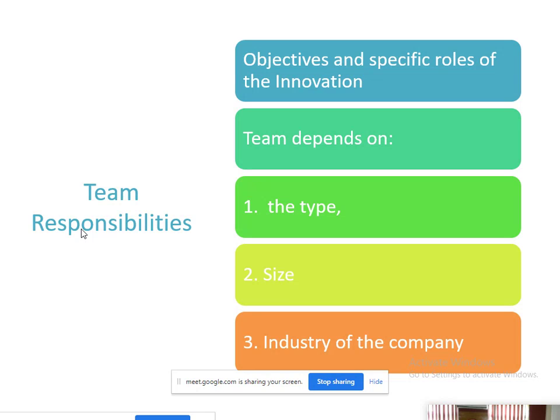That means it all depends on the company and the details of that company. If it is a technical team, then basically it will work on the technical part. And if the technical part is not required, then basically it depends on what kind of company it is.